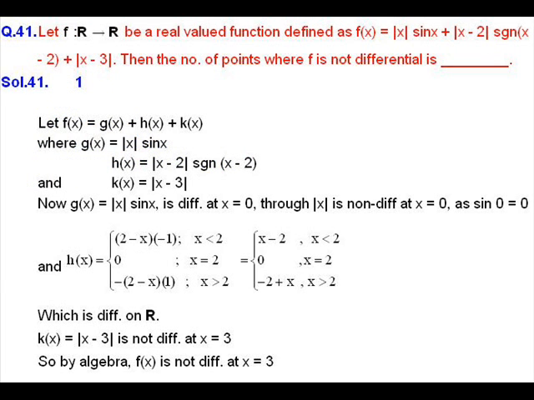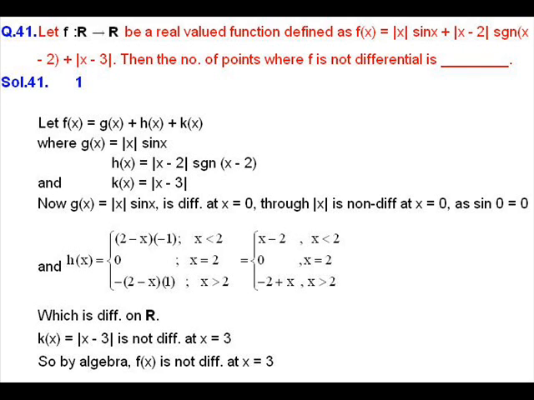In this question we have f is a function from R to R, that is, f is a real valued function defined as f(x) equal to mod x times sin x plus mod of x minus 2 times signum of x minus 2 plus mod of x minus 3. And we have to find the number of points where f is not differentiable.